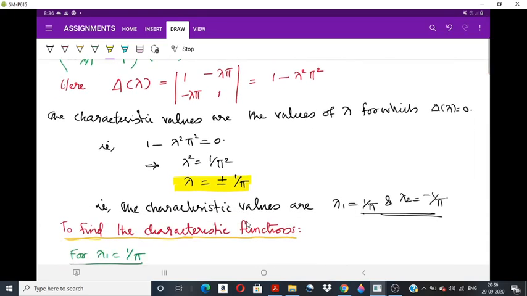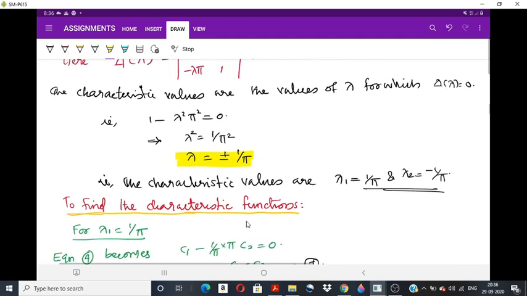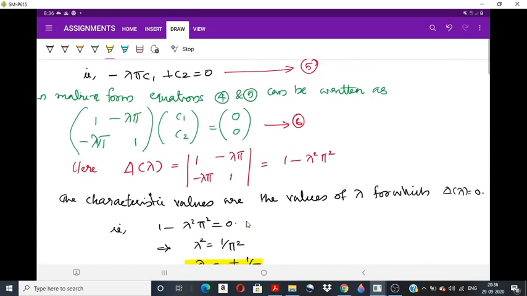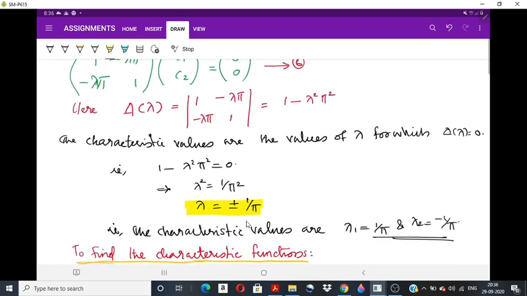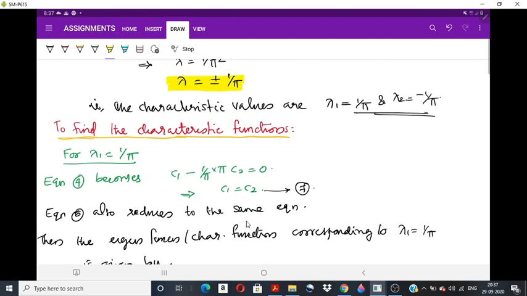So first we consider lambda 1 equal to 1 by pi. Then the system of equations reduces to the matrix 1 minus 1, minus 1 1, or equation 4. From here itself, we can consider the system.